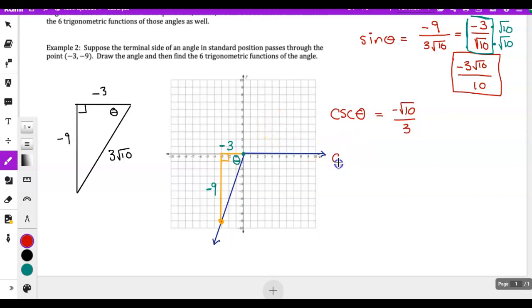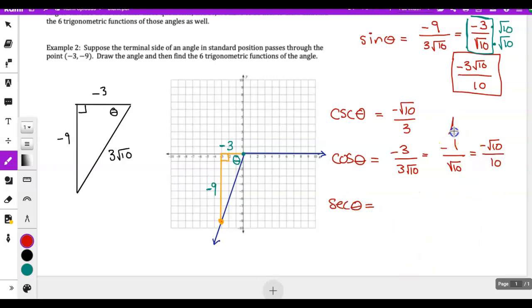Okay, so let's do the cosine. The cosine is going to be adjacent over the hypotenuse. So adjacent over hypotenuse. That would simplify to -1 over the square root of 10. And if you rationalize it, you get -√10 over 10. We'll get the secant right now because it's pretty easy.